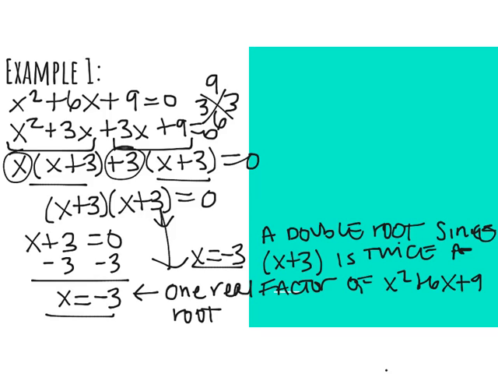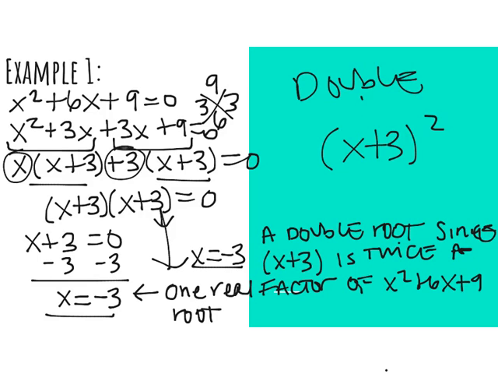So again, because we saw it happen twice, we had that x plus 3 squared. So this was our double root. And our double root actually occurred at negative 3.